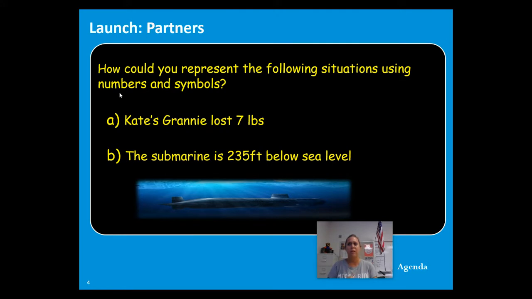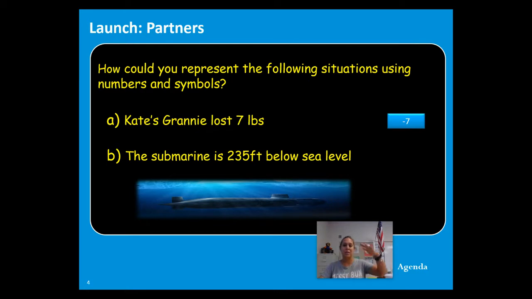Kate's granny lost 7 pounds. Well, when I see lost, it means your scale's going down. You weigh less. So it's kind of like subtracting. A loss of 7 pounds is represented by negative 7 or minus 7. A negative sign is just like a minus sign. How about B? The submarine is 235 feet below sea level.